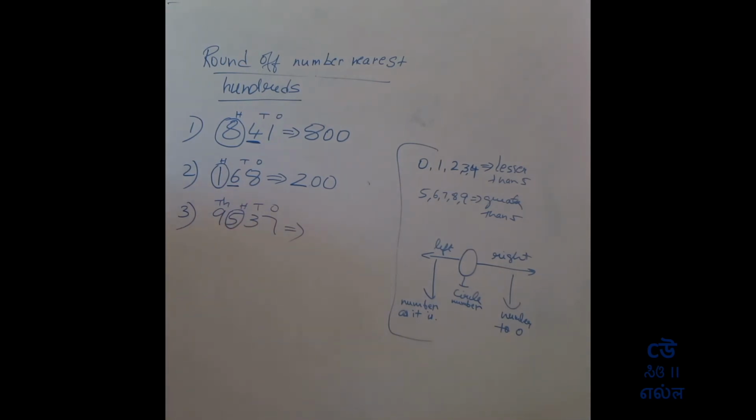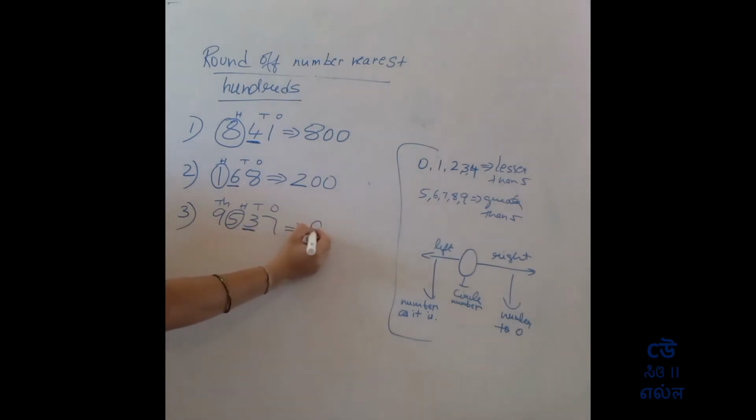Okay. Next, consider the right side of the circled value, that is the tens place value, 3 we have. So 3 is less than 5. So we don't need to change anything in hundreds place.